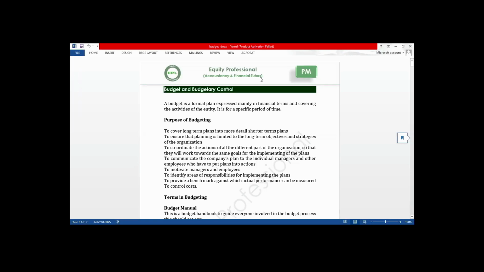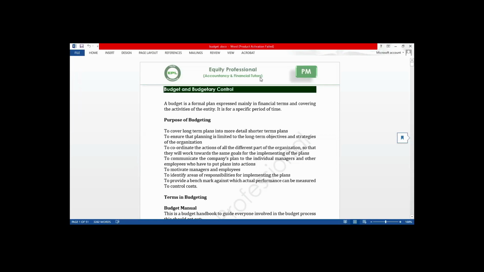Budgeting can be used to coordinate the actions of the different departments within the organization so that everybody works towards the same goals.